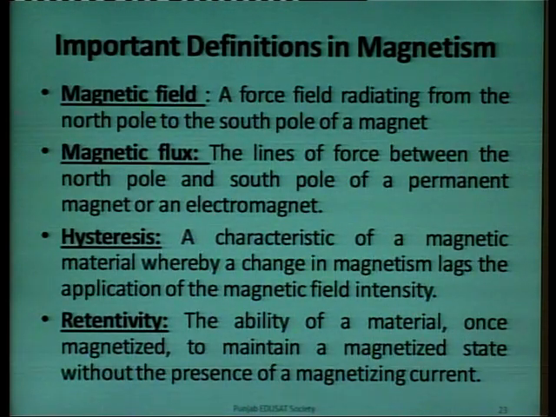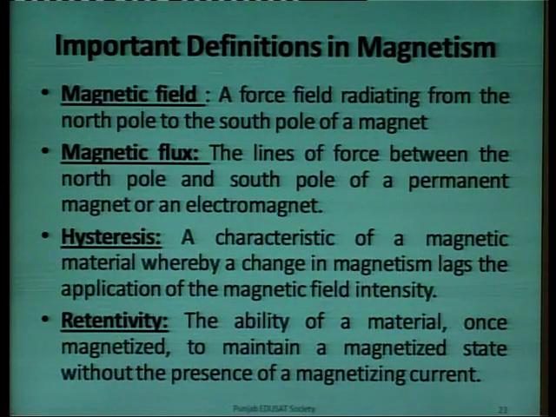Then we are having some very important definitions. They are used in magnetism in the concern of magnets. First is the magnetic field. As we all know, the force field radiating from the north pole to the south pole of a magnet is called the magnetic field.